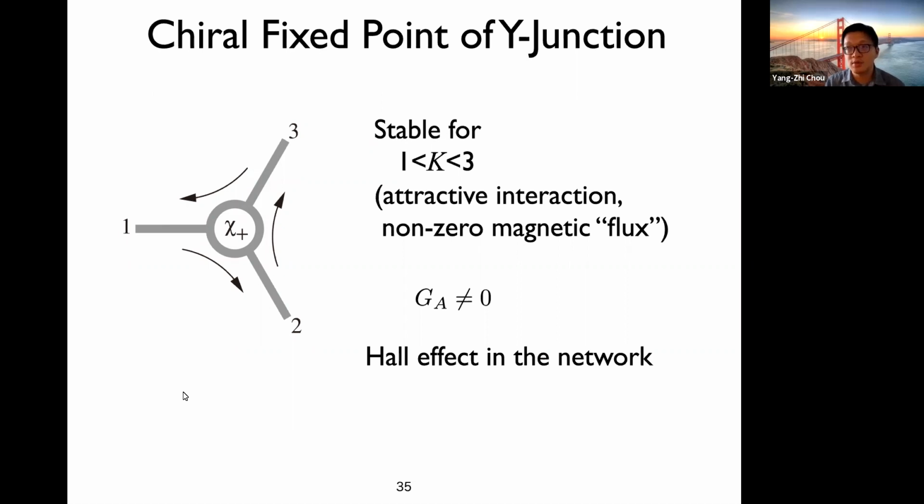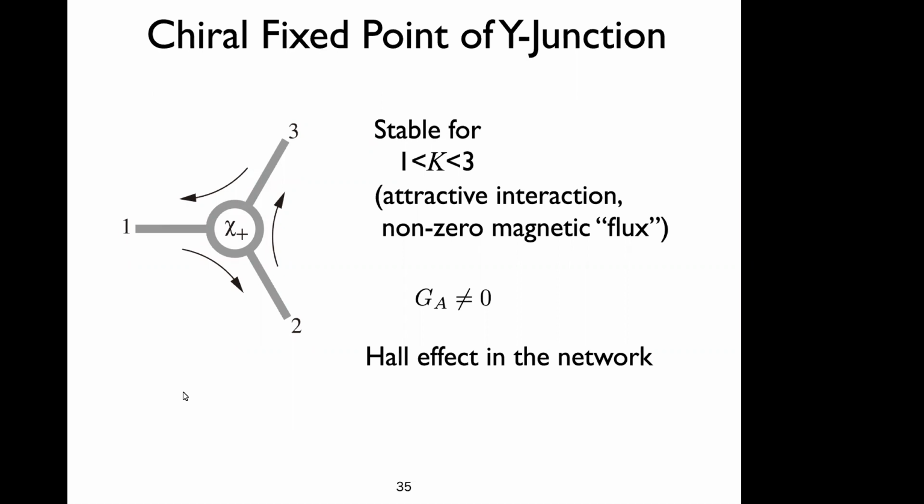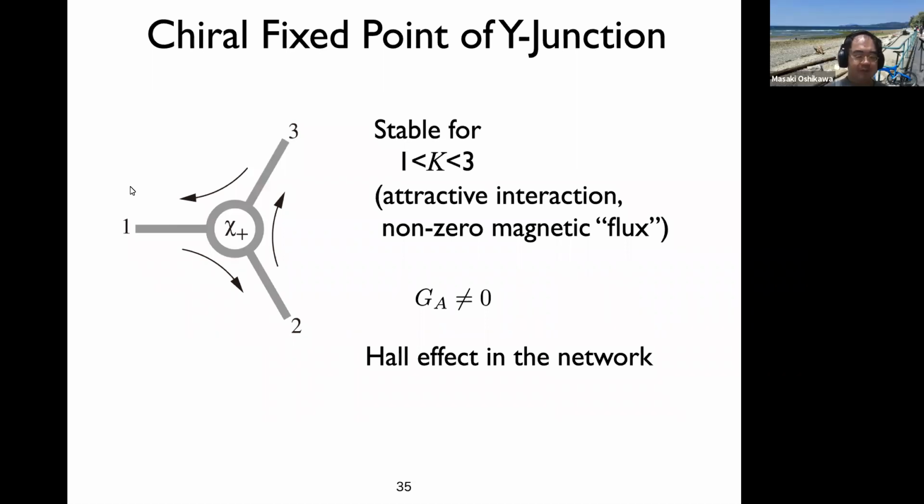Is there any other question? Hi, Masaki. Can I ask you a question? In your introduction, you mentioned that for this kind of system, when you dope it or gate it, you can achieve a transition from the non-Fermi liquid behavior to superconductivity.